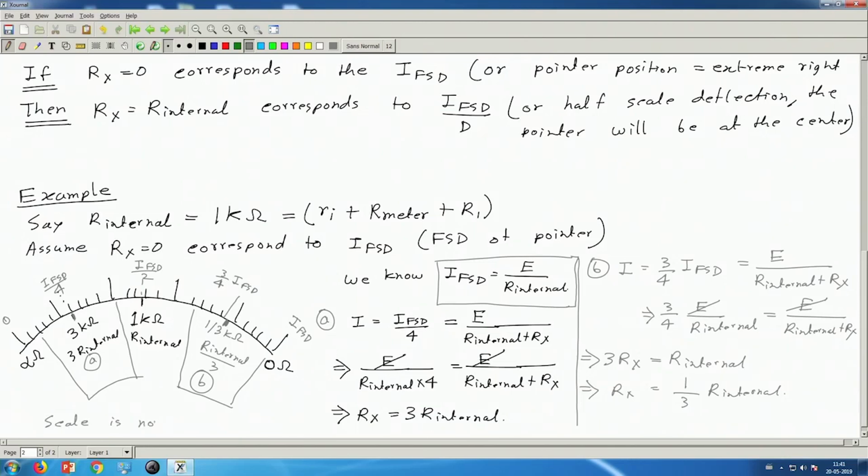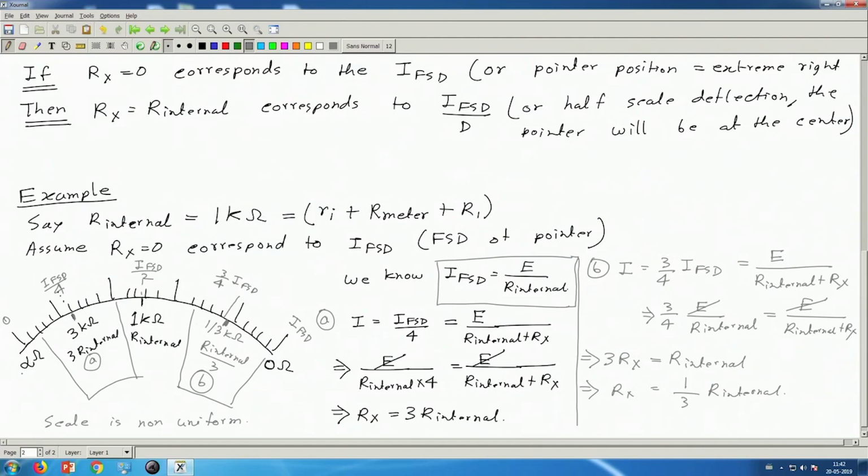From 0 to 1/3 kilo ohm, which is like 333 ohm, is this region. Then here I have 1/3 kilo ohm to 3 kilo ohm. Here I have everything from 3 kilo ohm to infinite.